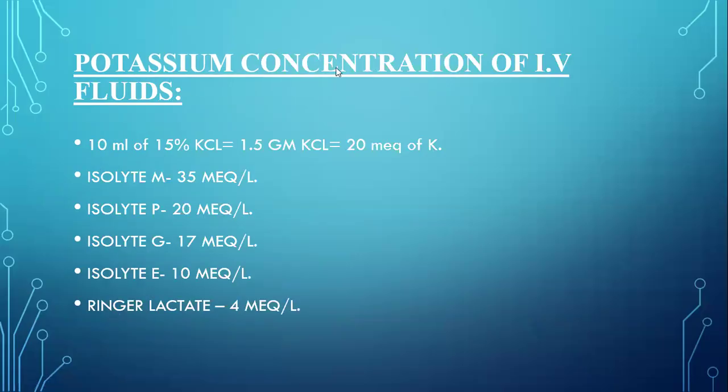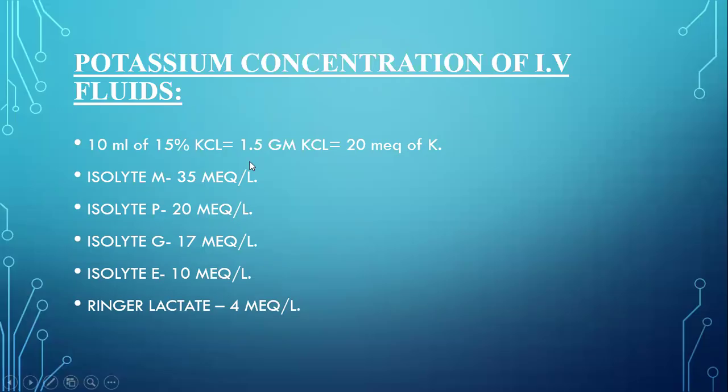And we must know the potassium concentration of IV fluids. 10 ml of 15% potassium chloride contains 1.5 gram potassium chloride, that is equal to 20 milliequivalent of potassium. Isolyte M contains 35 milliequivalent per liter. Isolyte P contains 20, Isolyte G contains 17, Isolyte E contains 10, while Ringer lactate contains 4 milliequivalent per liter.